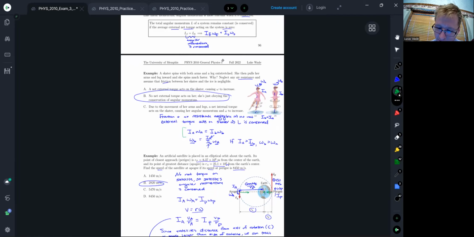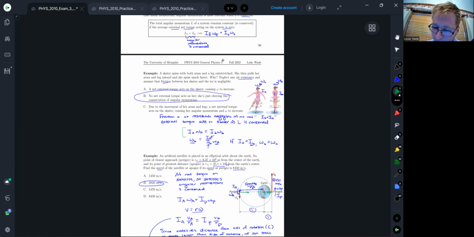It says that if you have a system where no external net torque is acting and you reduce the moment of inertia of that system, then its angular speed has to increase. So the prototypical example of that is the ice skater.